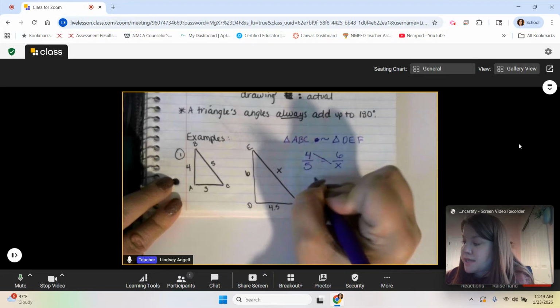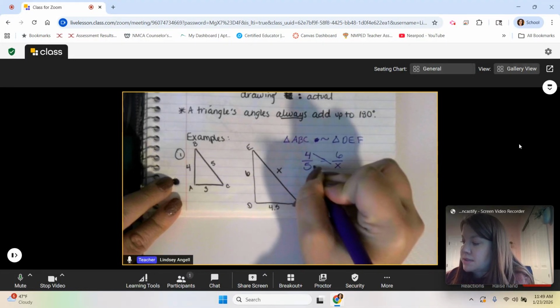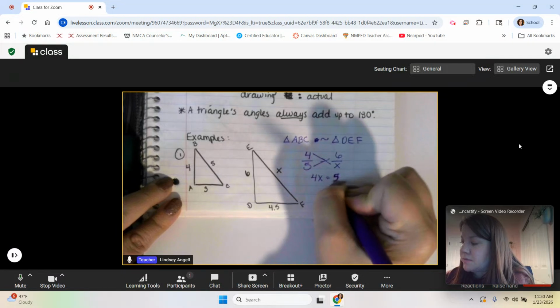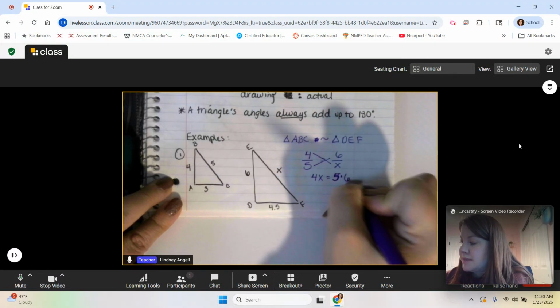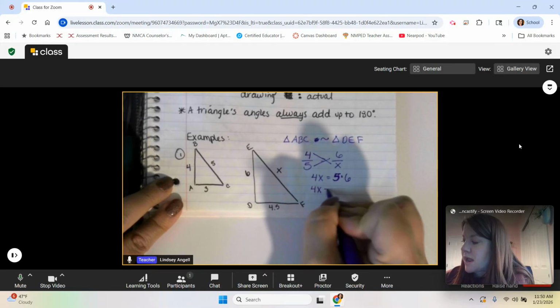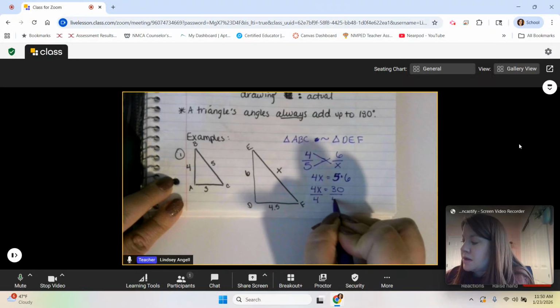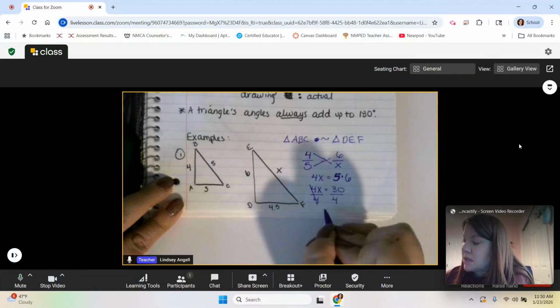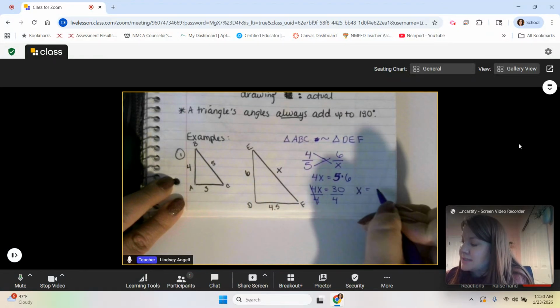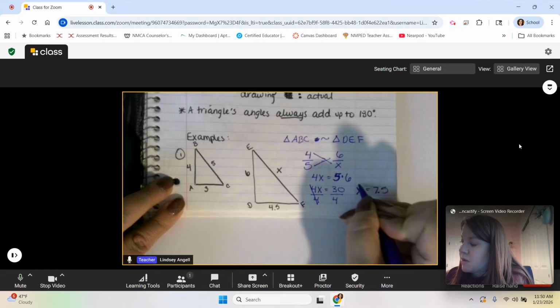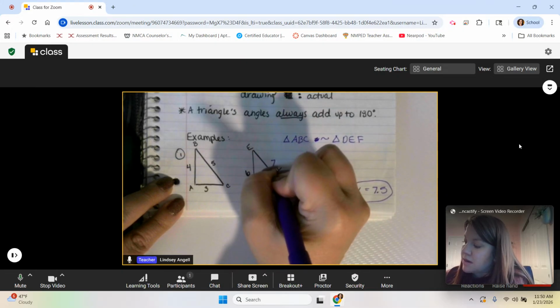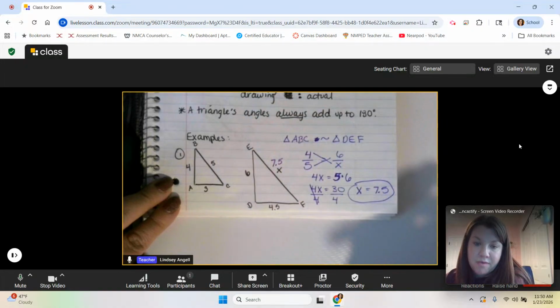So you'd have 4 times x equals 5 times 6. So that gives us 4x equals 30. And then divide by 4, divide by 4. That'll cancel on the left. And I have x equals 7.5. So this right here would be 7.5.